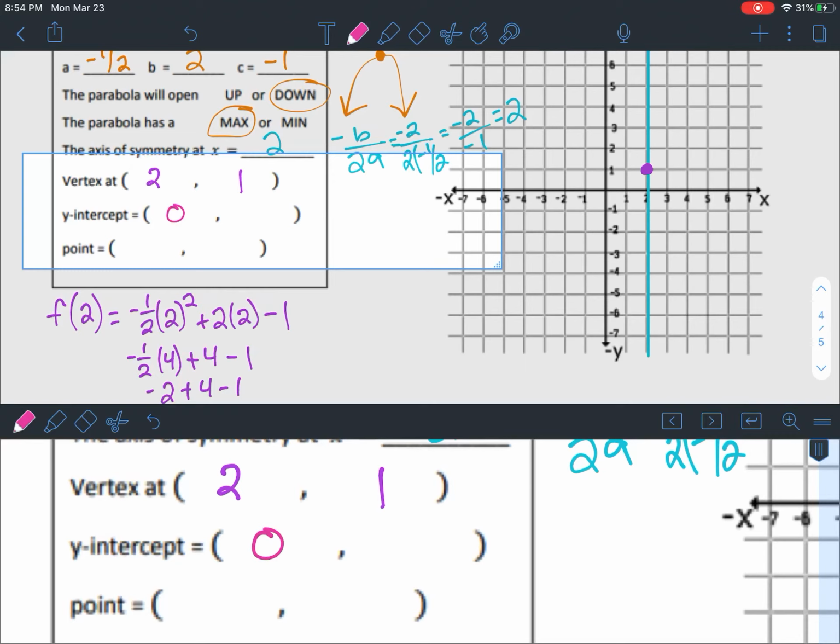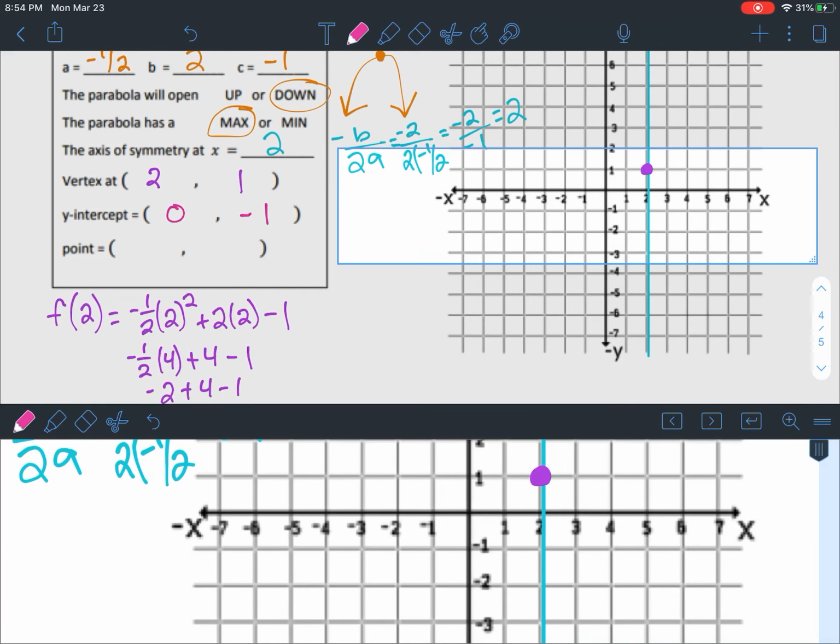My y-intercept comes from 0 as my x value because I'm not moving over on the x value since I'm staying on that y-axis, and whatever my c value was. So 0, -1. So if I come over here and go to 0, -1, I'll have a point right here.